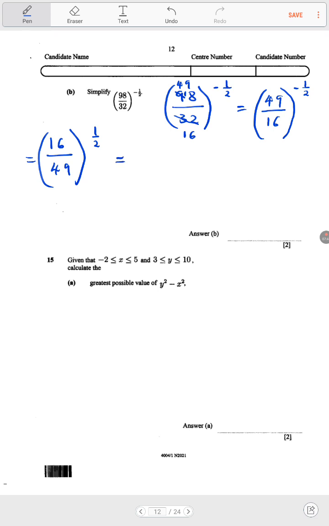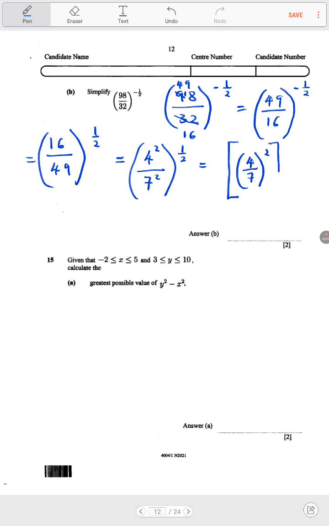And inside we're going to realize we have 4 squared, which is equal to 16, and we have 7 squared, which is equal to 49, and we raise that to the power half. So in other words, 4 over 7 is being raised to the power 2, and the whole fraction is also being raised to the power half, which means 2 times half gives us 1, and our final answer here is going to be 4 over 7.